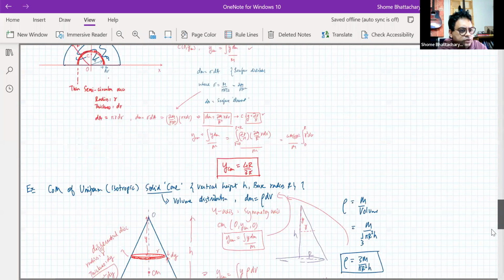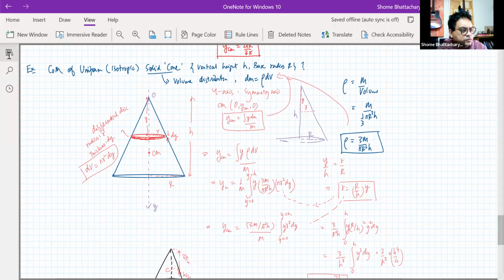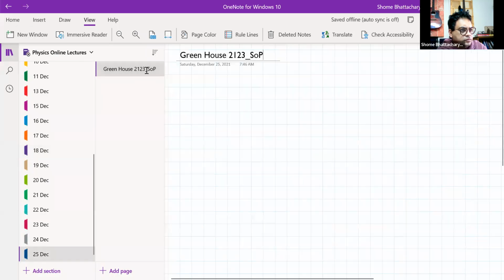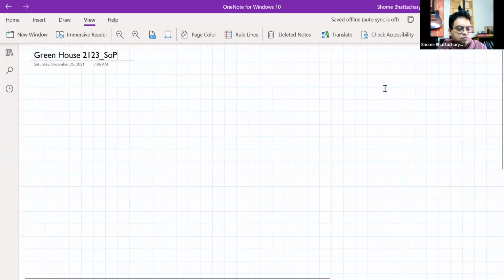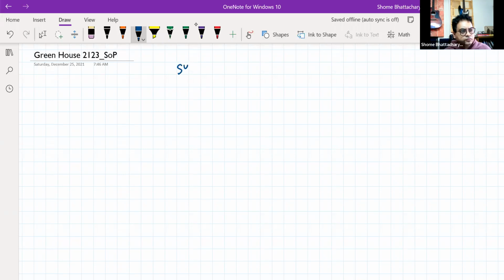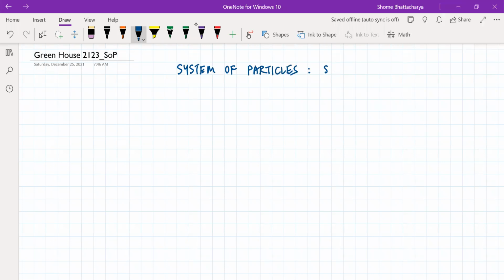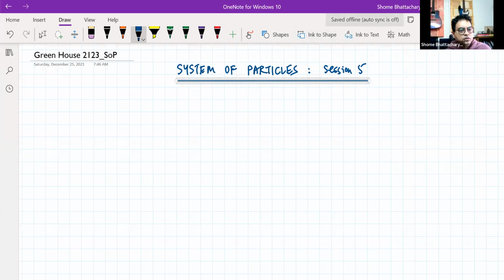So let's continue from that point onwards today. Okay, so we'll continue with the application of integration methods for calculation of center of mass.